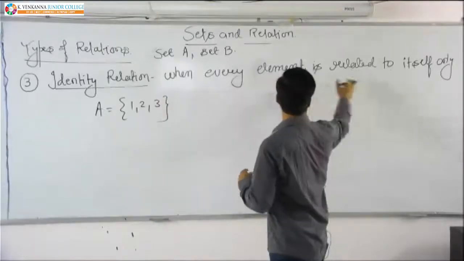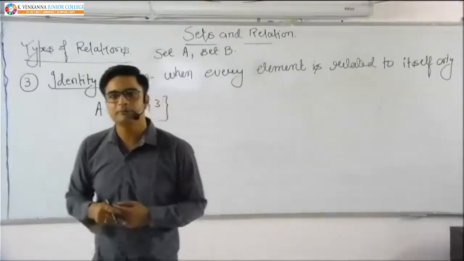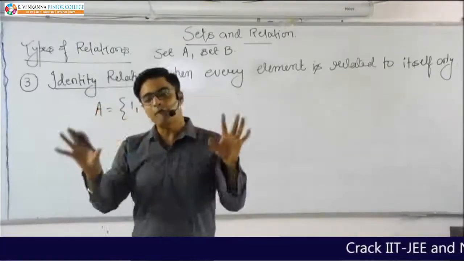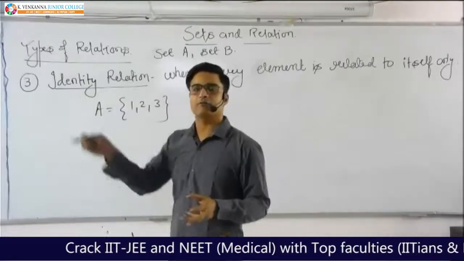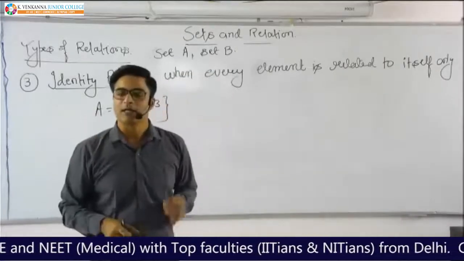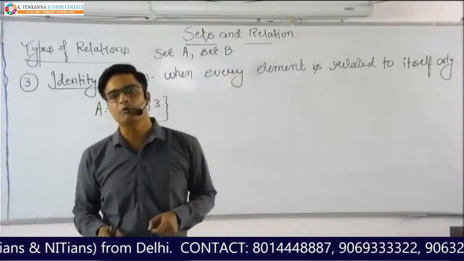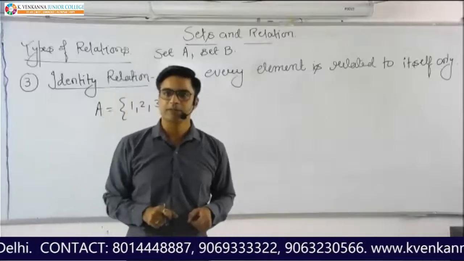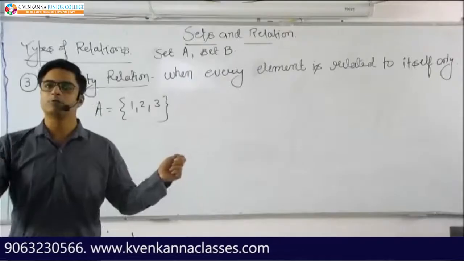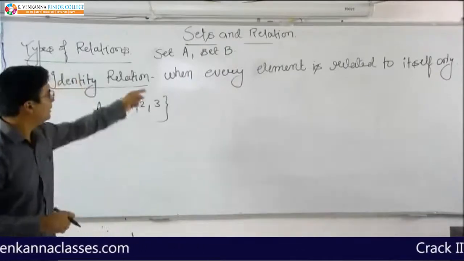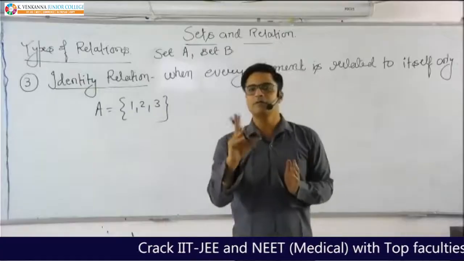When every element is related to itself only, we don't need any other element. So every time an identity relation comes, we are defining a relation from set A to set A itself. The first entry will be from set A and the second entry will also be from set A, right? But how are they connected? The first entry will also be the second entry. So understand this: when every element is related to itself only.